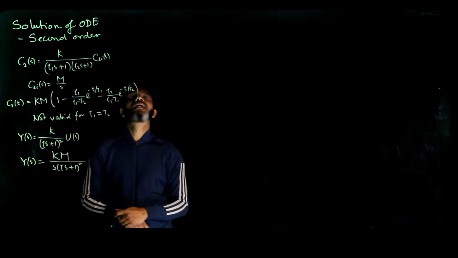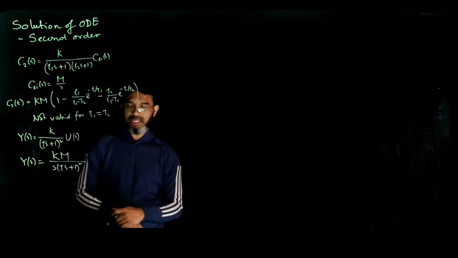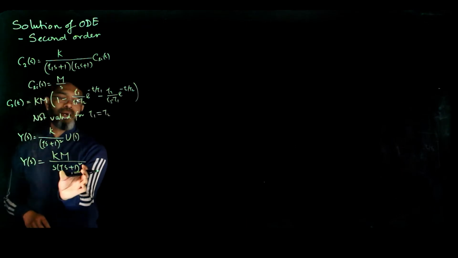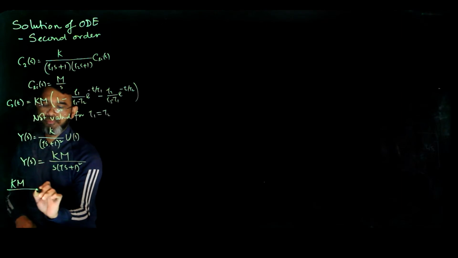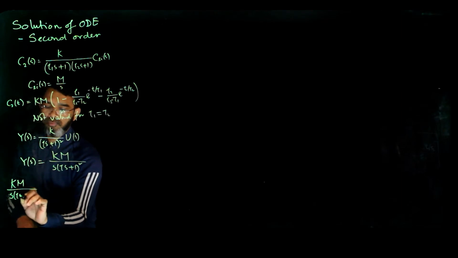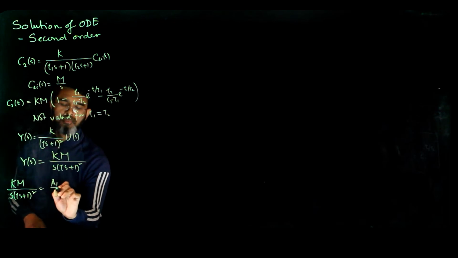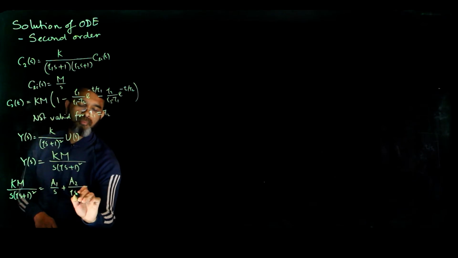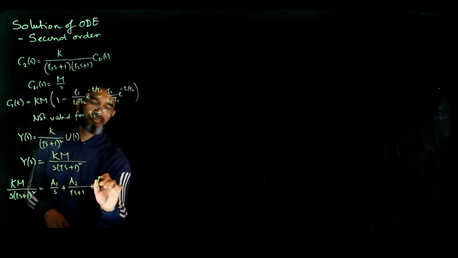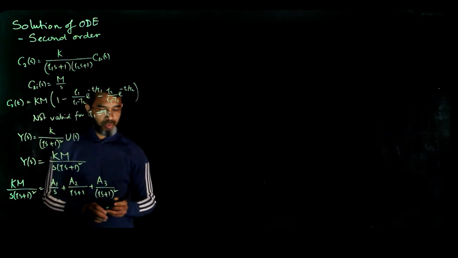Now to take the inverse Laplace, we need to express this using partial fraction expansion. For this case, when you have the square term, partial fraction expansions are written as a1 over s plus a2 over (tau s plus 1) plus a3 over (tau s plus 1) squared.